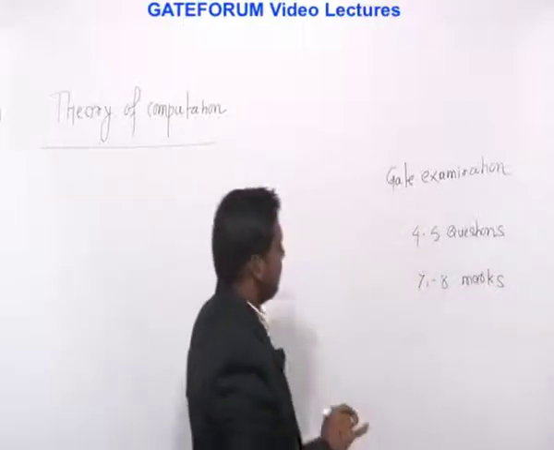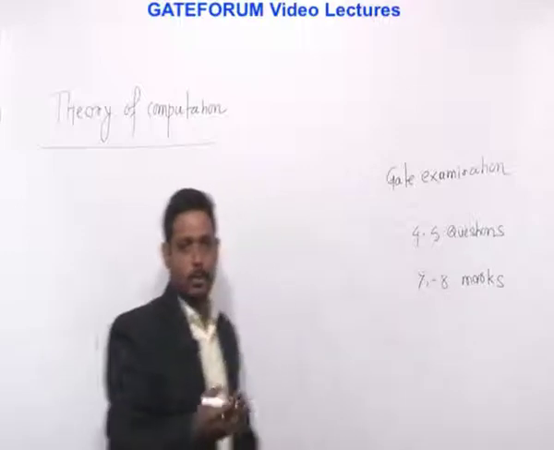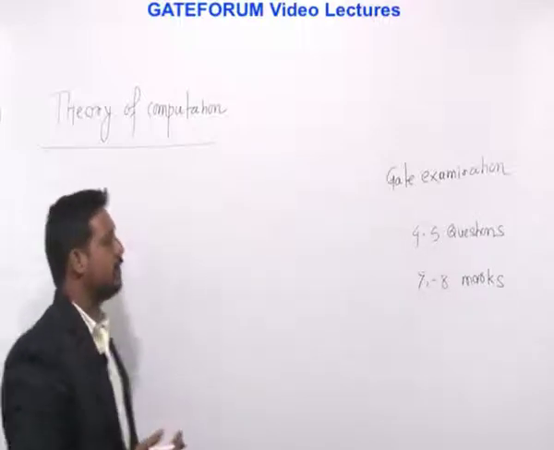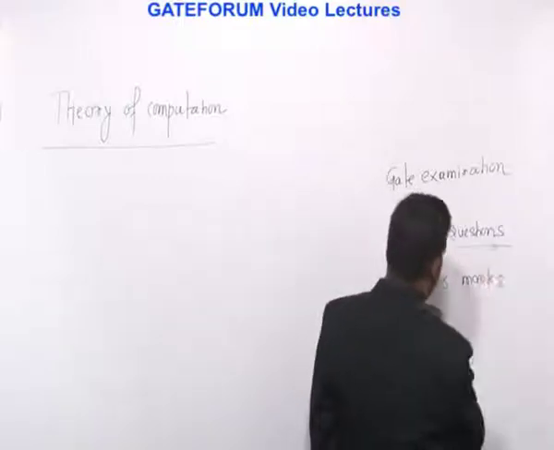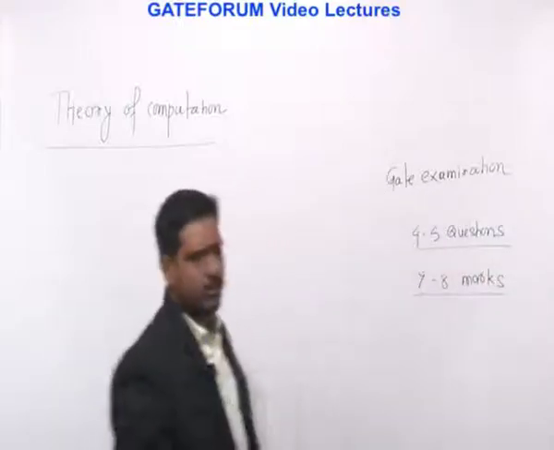But it has been seen from the previous few years that the weightage varies. Still, I would say there will be around 4 to 5 questions, and marks will be around 7 to 8 marks.